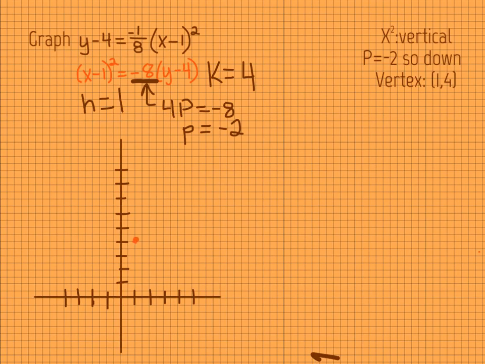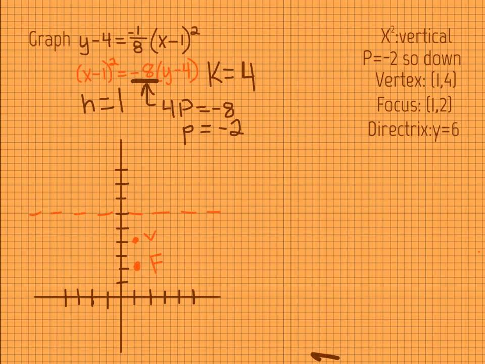1, 4 right here. And then since p is negative 2, we go down 2. Put our focus right there. So there's the vertex, the focus, and then go up 2 and put our directrix right here. So we'll write them down. The focus is at 1, 2, and the directrix is y equals 6.